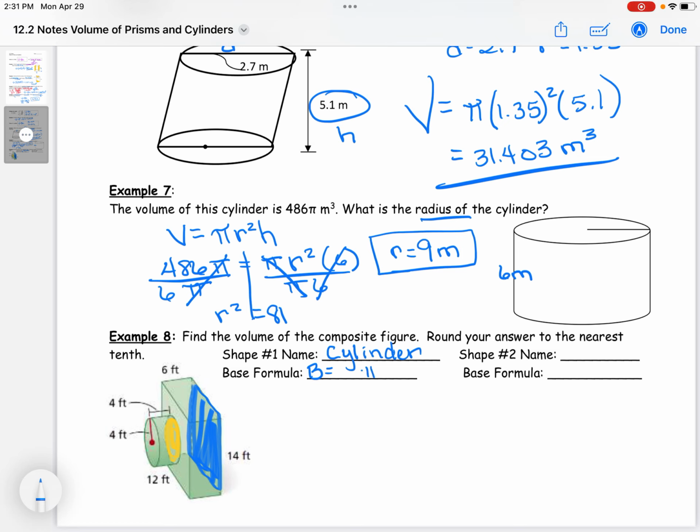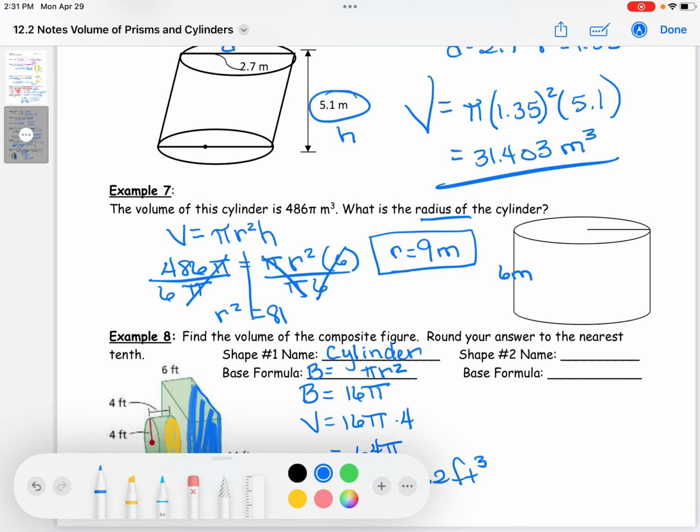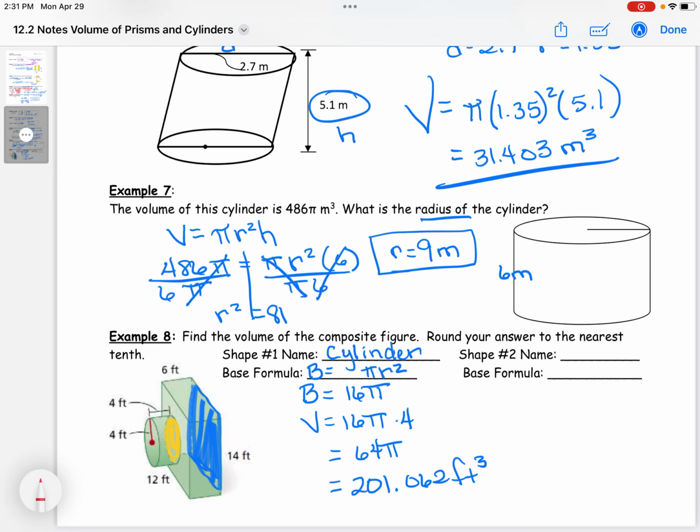So the base is pi r squared. The radius is 4. So the volume is going to be 16 pi times the height, which is also 4. So that's 64 pi, which is about 201.062 cubic feet.